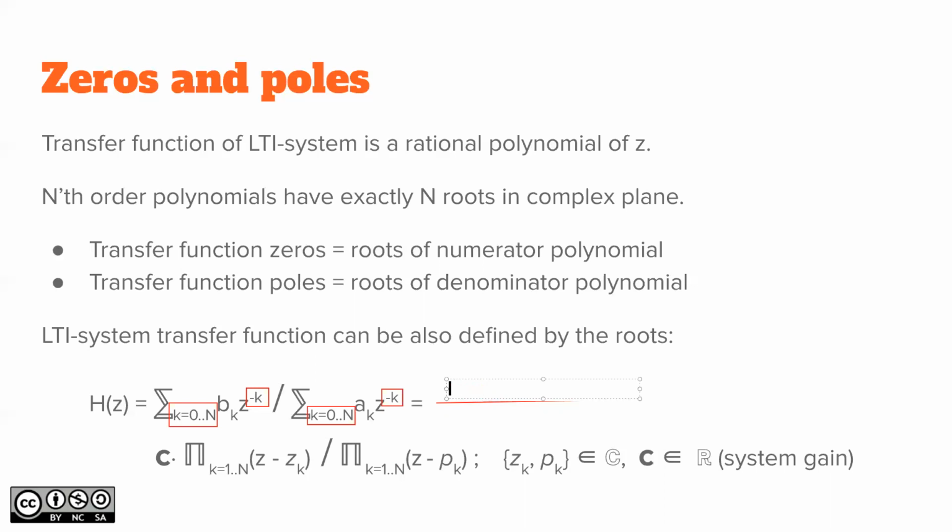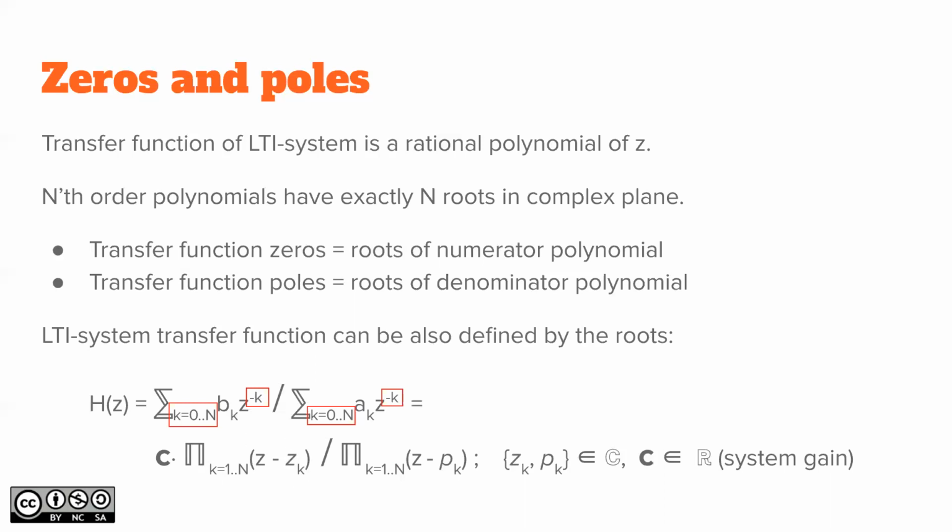My notation tool is not good for that. Maybe I will have a better explanation on the next slide. But anyways, that's the summation term, and this is the multiplication.